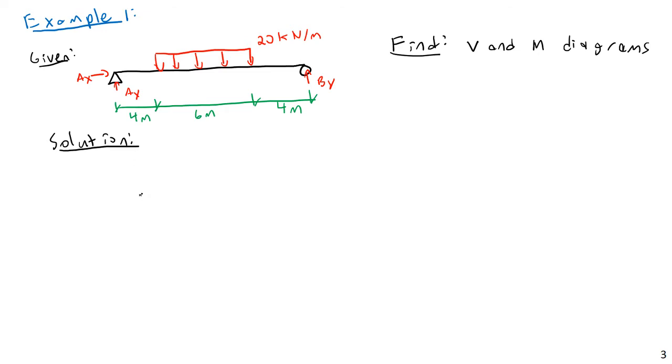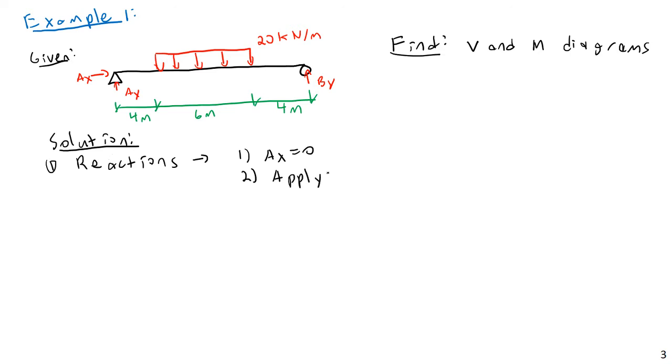So step 1 is going to be to find the reactions. Now I could do this any number of ways, but I'm actually going to apply a really clever and simple method here. First, AX has to be equal to 0 because there's no horizontal force. And then 2, apply symmetry.